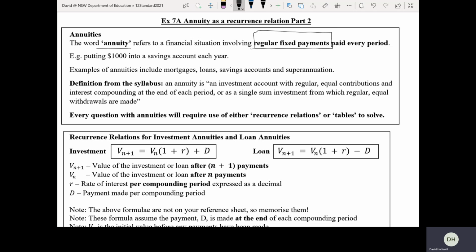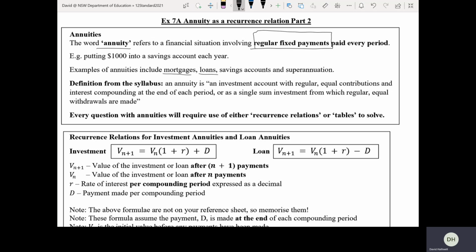Okay. So, look, there are a lot of practical applications of annuities in real life. For example, a mortgage, which is the same as a home loan. In a home loan situation, every month or every fortnight, you pay a certain amount. That amount stays fixed, and you pay it every fortnight or every month.